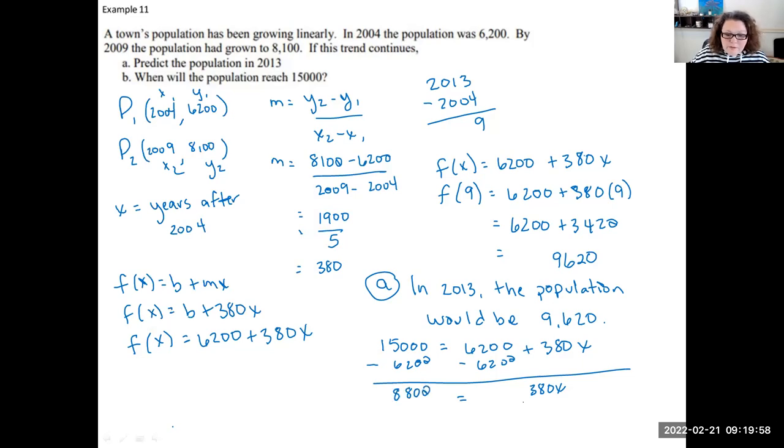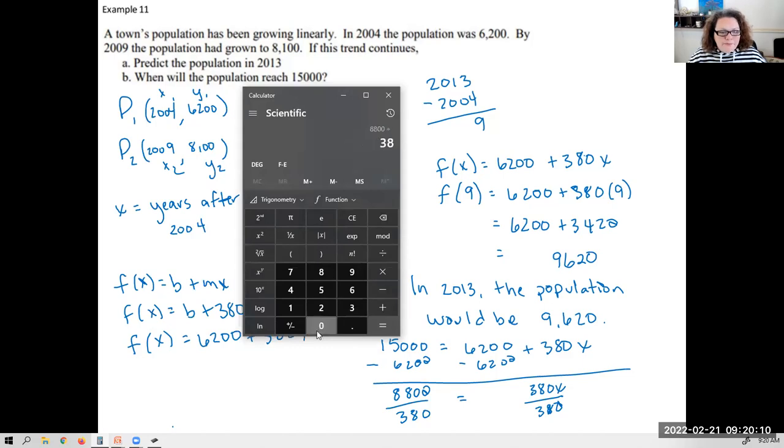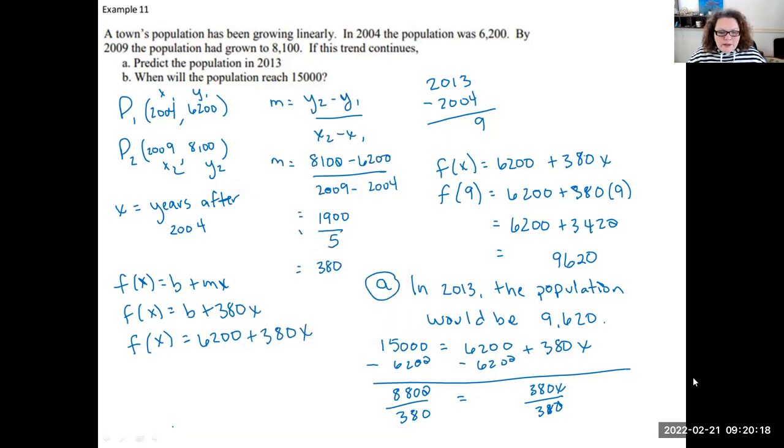Now we have to get rid of the 380, so we're going to divide both sides by 380. So divide by 380. And we get 23 point something. So 23 is the magic thing here.